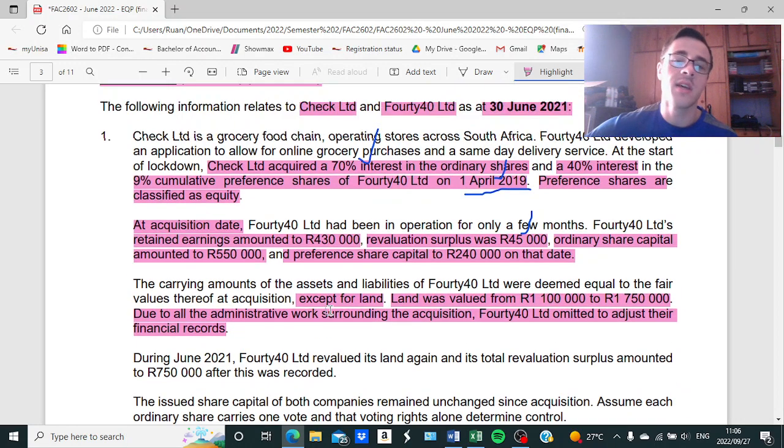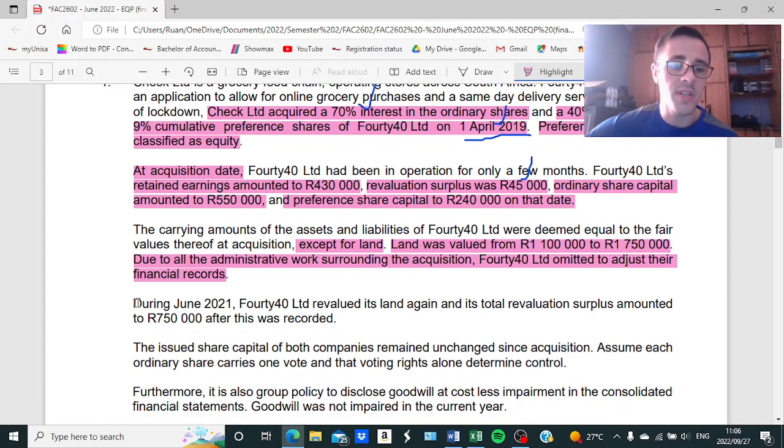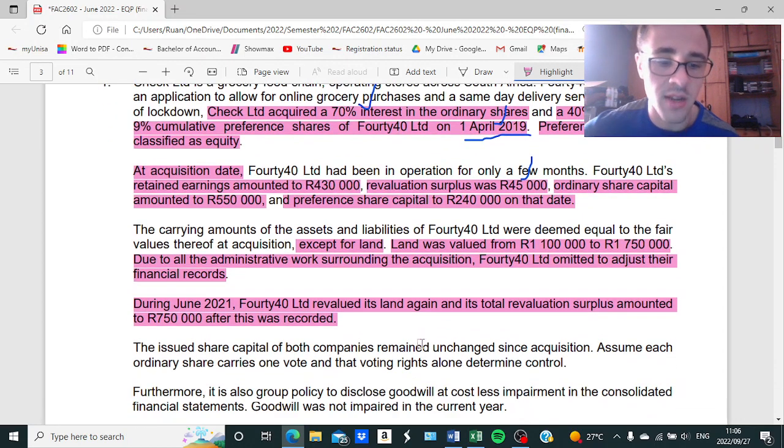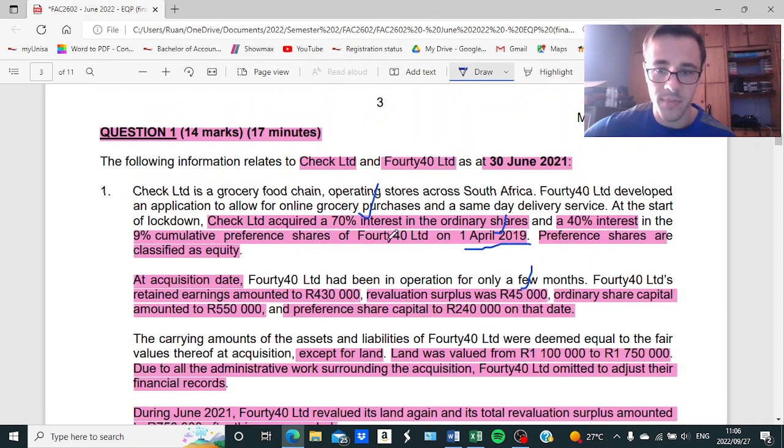So the subsidiary forgot to account for the revaluation surplus that occurred at the date of acquisition also. And during June 2021, which is obviously in the current year, 4040 Limited revalued its land again, and its total revaluation surplus amounted to 750,000 rand after this was recorded.